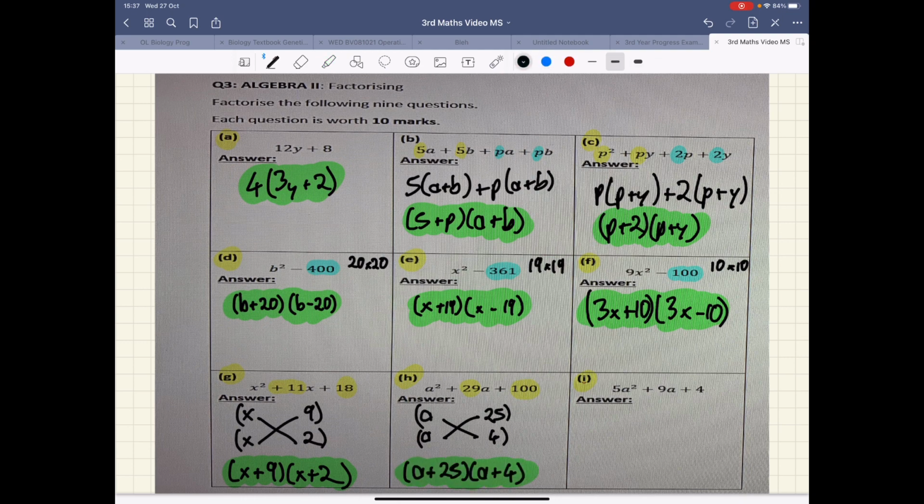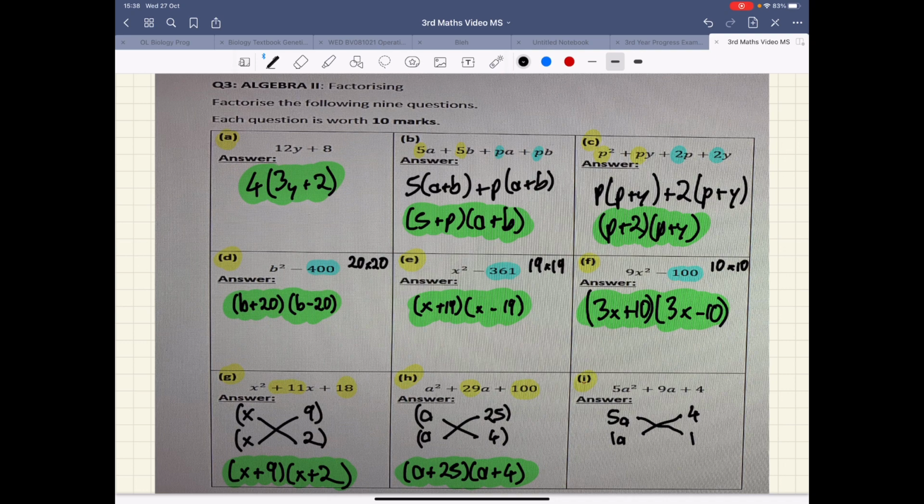Okay, and the last one then. This one is a little trickier because it's not just a number or a letter squared, it's a number and a letter. But 5 is a prime number, which means the only factors of 5 are 5 and 1. So 5A and 1A. I need factors of 4 that are going to give me plus 9. That is going to be 1 here and 4 here.